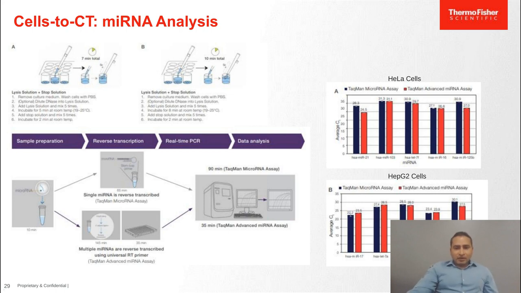To study microRNA from cultured cells, again, the experiments presented here are with cultured cells and not with the 3D cultures, we can use cell lysate from cells-to-CT, just like I talked about earlier for 3D cultures. The only modification was that we increased the lysis time from 5 minutes to 8 minutes to get complete lysis and recovery of small RNAs or microRNAs.